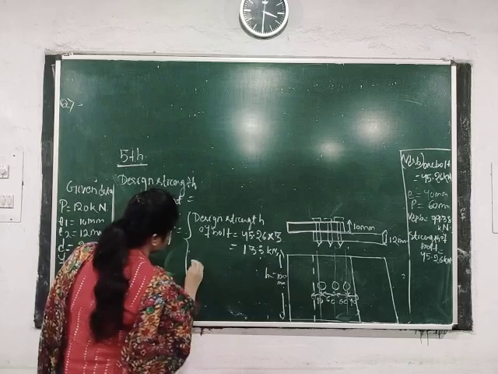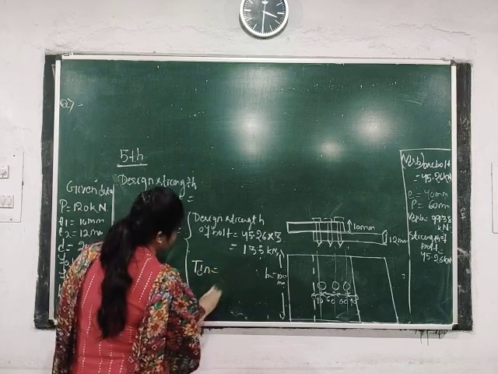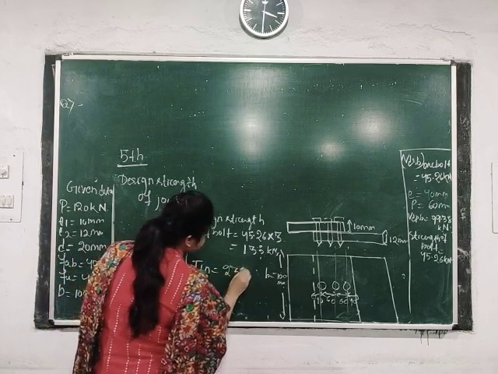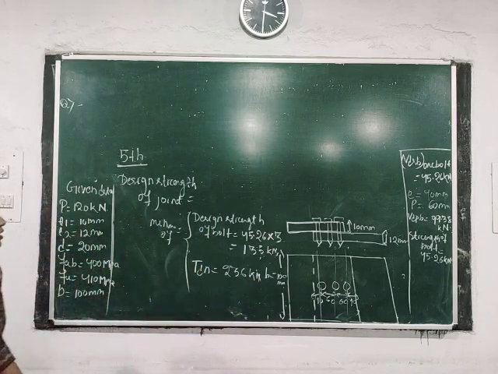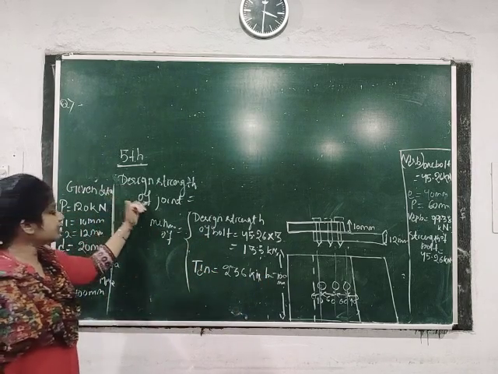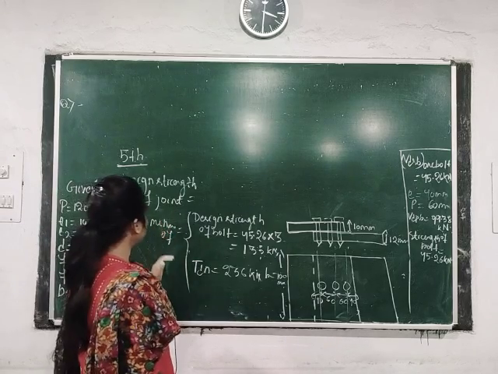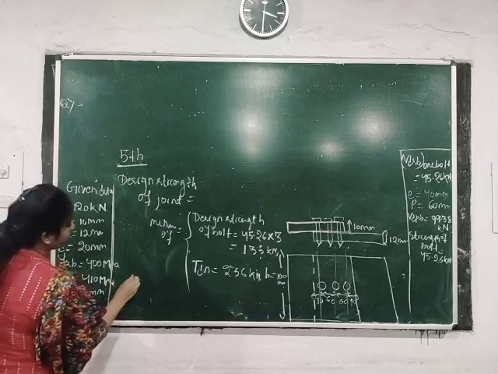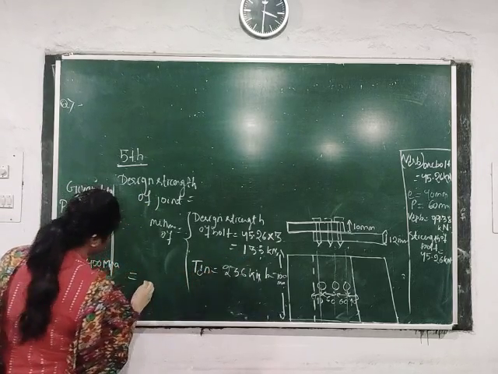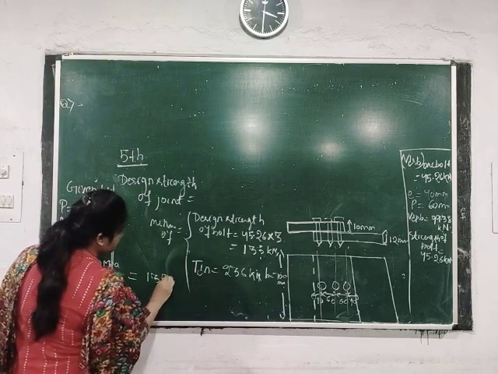And next is the rupture strength of plate. That value has come to 230 point something. So, here you can see that the design strength of the joint will be the minimum of these two values. So, the design strength of the joint will be 135 kilonewton.